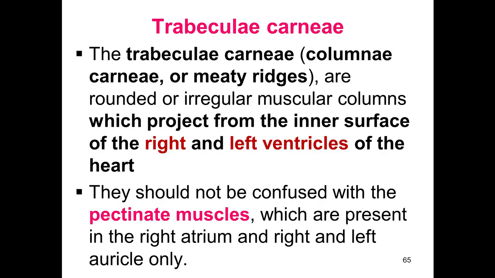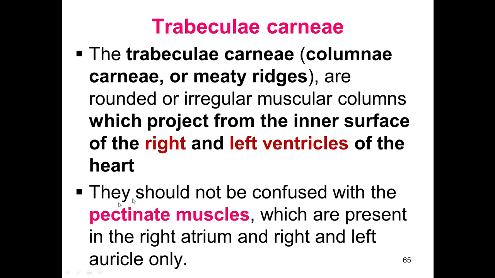Now this term trabeculae carneae, they are also known as columnae carneae or meaty ridges. These are the rounded or irregular muscular columns which project from the inner surfaces of the right and left ventricles of the heart. Please do not confuse them with the pectinate muscles.